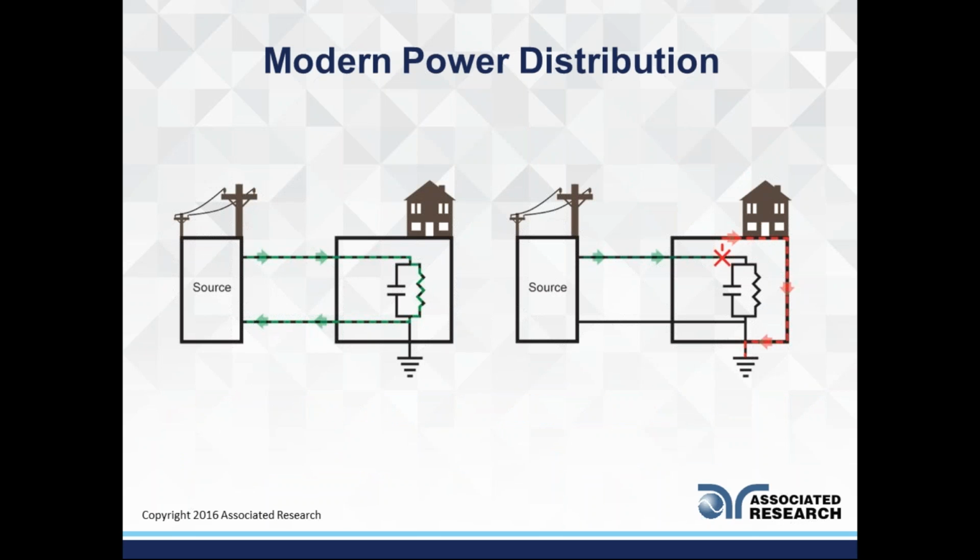Here, let's take a look at modern power distributions. So just in your home, we can see here we have our power or current coming in through our power lines, and you can picture this resistor as all the products connected in your home. Normal functioning, it will go through your system, back out through neutral, back to the source or the power lines.